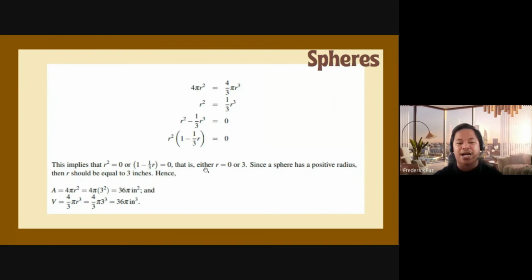So r is equal to 3. Since a sphere has a positive radius, then r should be equal to 3 inches. So by checking, if the radius is equal to 3, the area is equal to 36 pi square inches. Same with the volume in cubic inches.